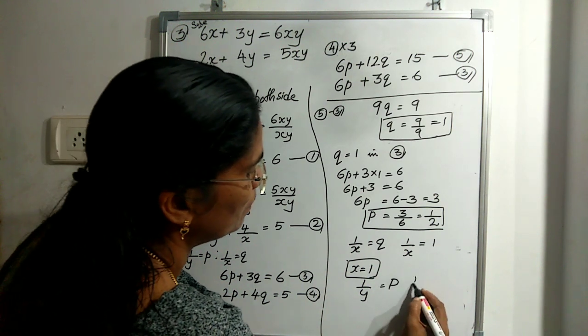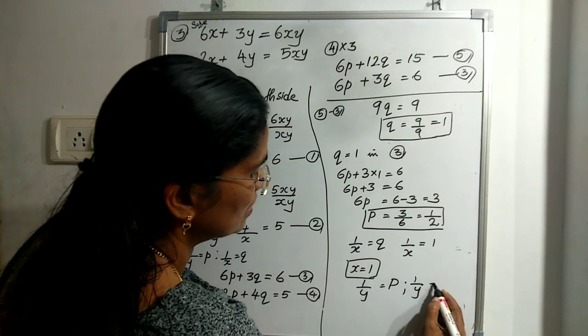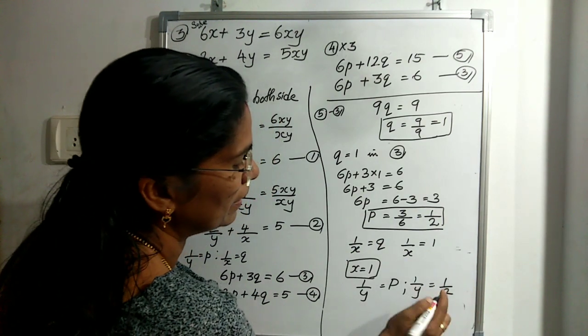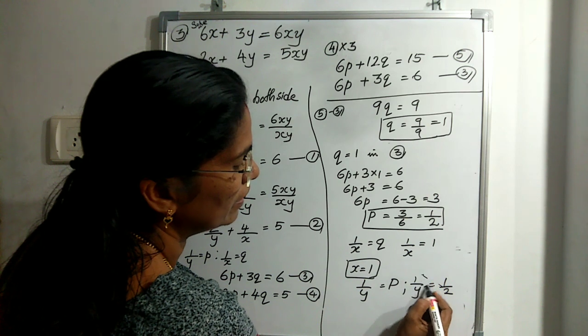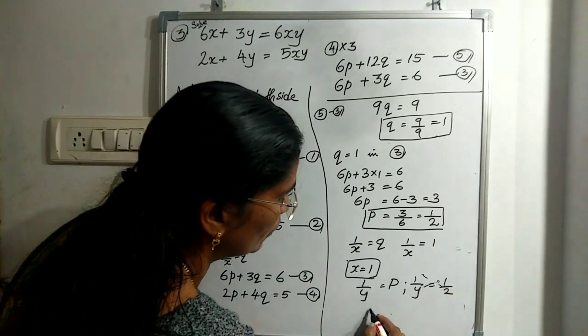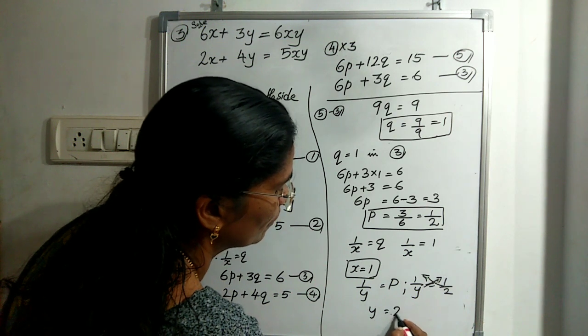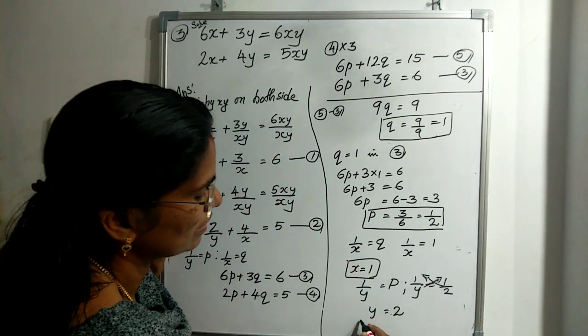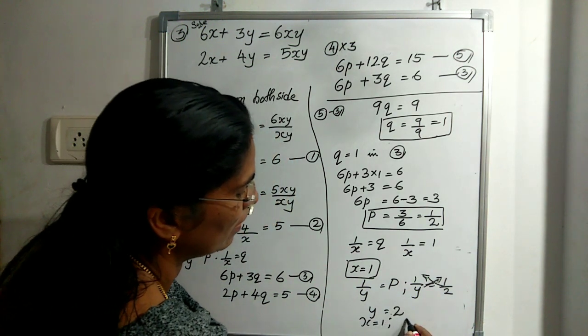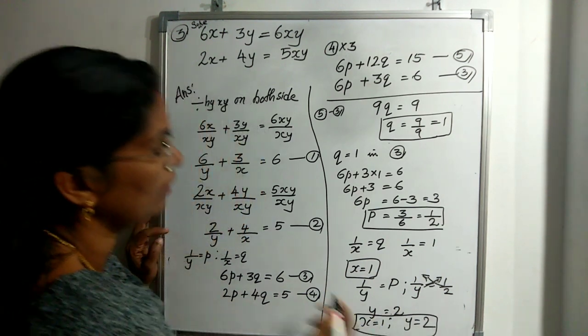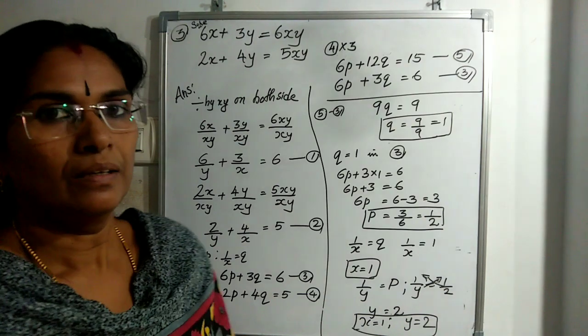That is 1 by y is equal to p value, which is 1 by 2. Cross multiply. 2 comes here and y goes there. It means y is equal to 2. So our answer is x is equal to 1 and y equal to 2 is the solution of the given question. Clear this one?